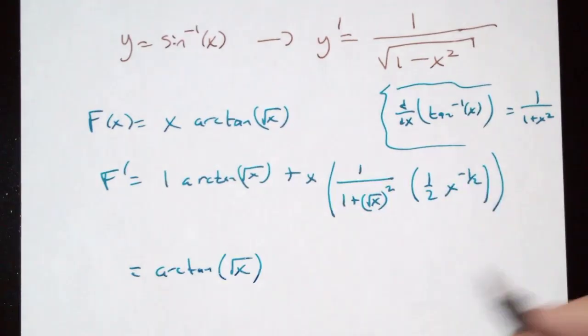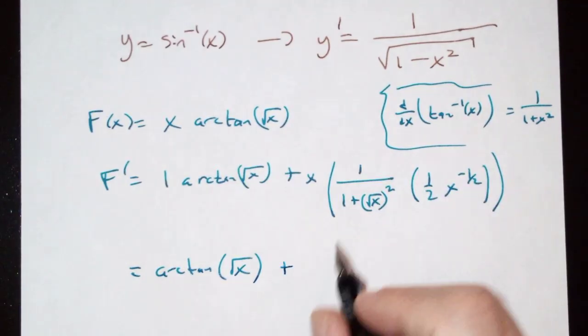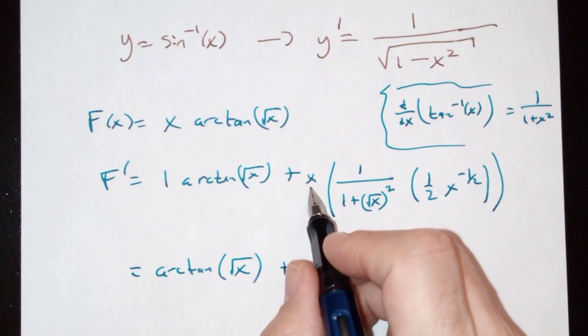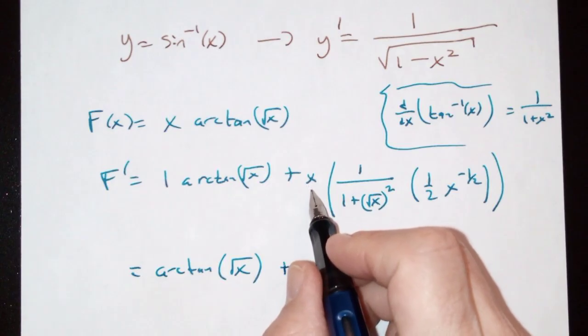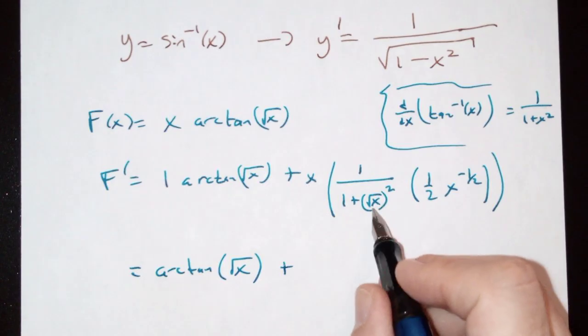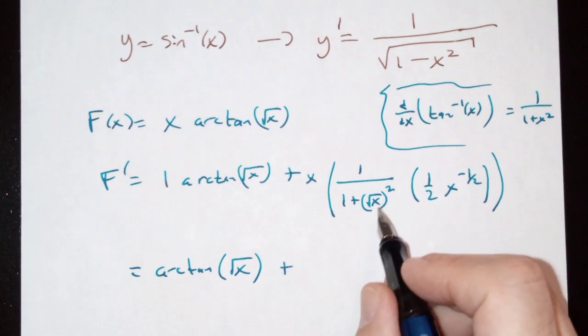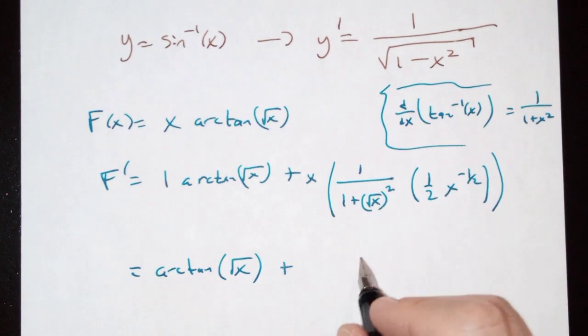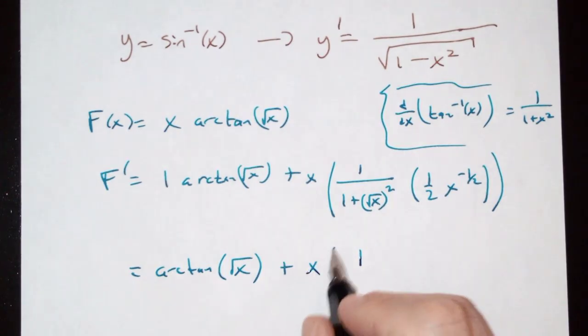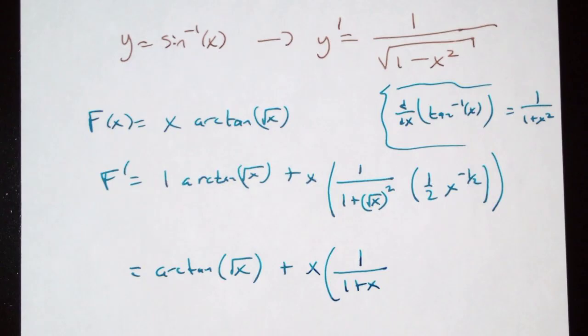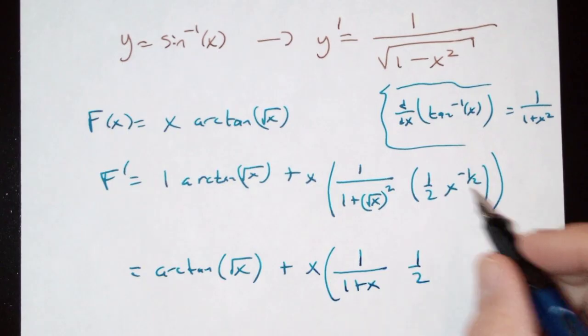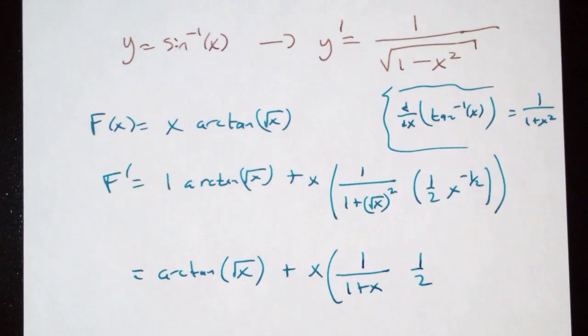But over here, the x is on the top because it's x over 1. What happens when you square a square root? So this becomes 1 over 1 plus x. Then there's a 1/2. What happens with that negative power? It goes on the bottom.